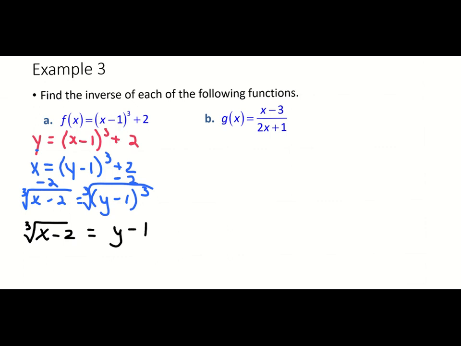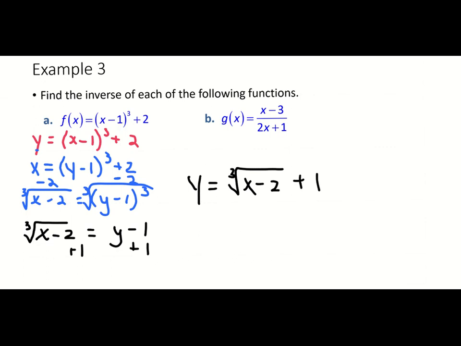And we got to solve for y, so I really need to get rid of that minus 1. So I'm going to add 1 to both sides. And that is going to give me a final answer of y is equal to the cubed root of x minus 2, plus 1.